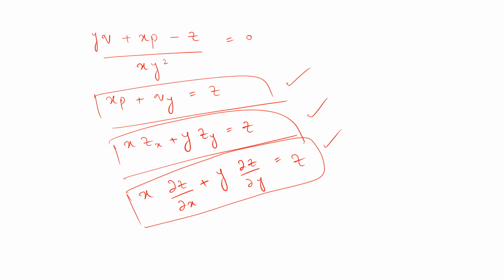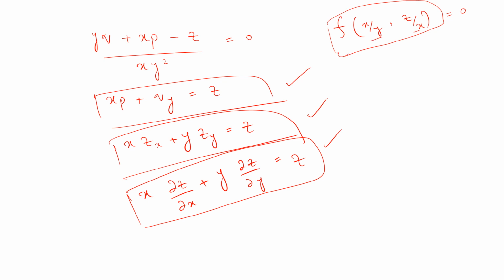Now we see that the function that was initially given was, let me look at the question, x over y comma z over x. So this function is equal to 0, or phi.